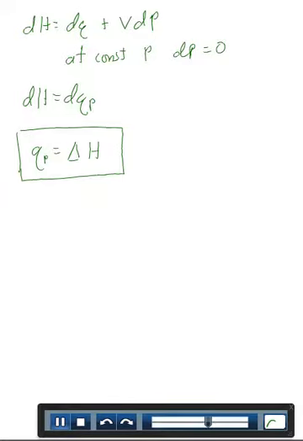So that means the heat for a phase change at constant pressure is just equal to the enthalpy of the phase change. So what if we were considering vaporization?